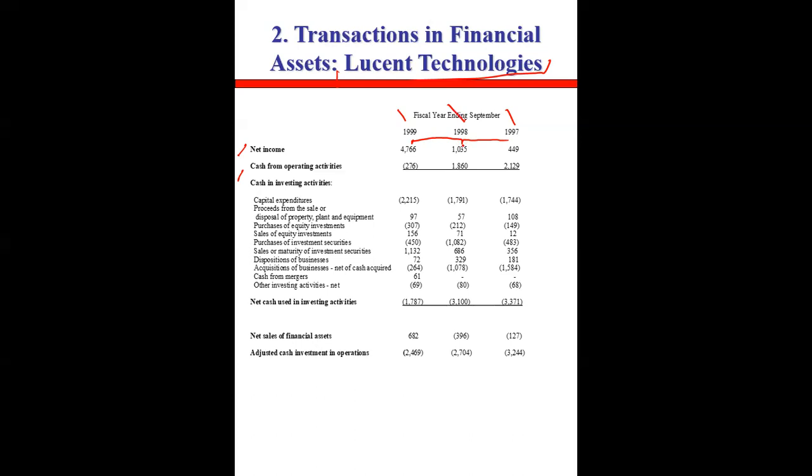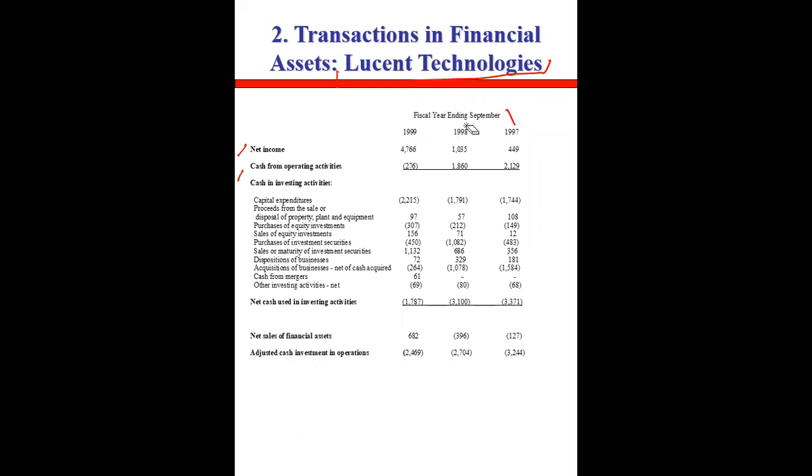So the profit is increasing. You also expect that as this company is booming, it will go for making more investment in the operations, because this company is doing a very good job.